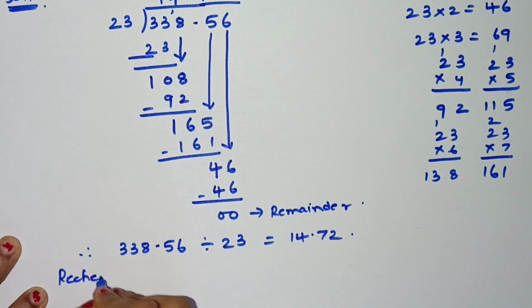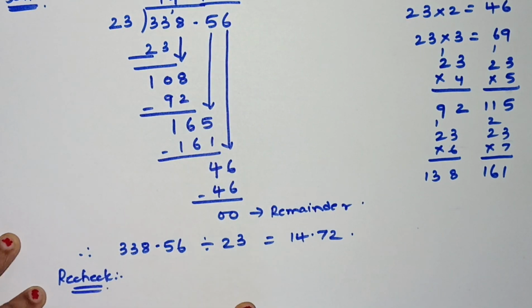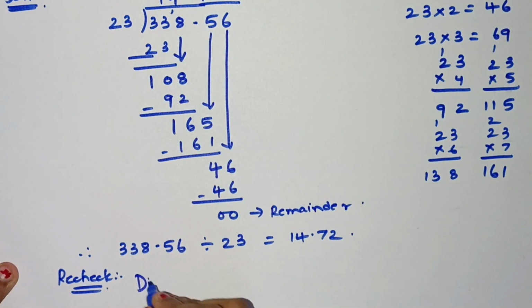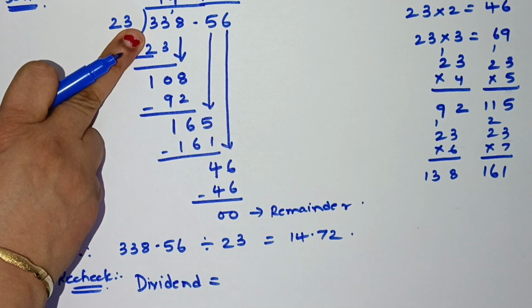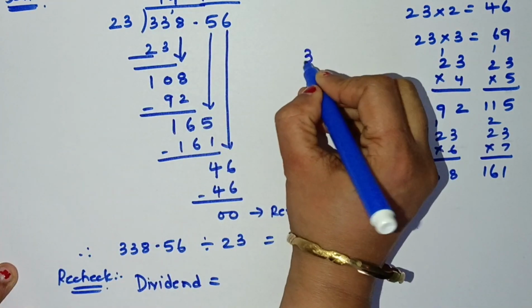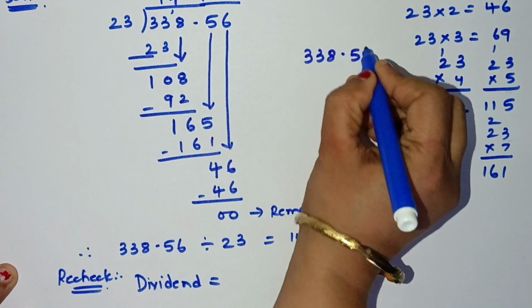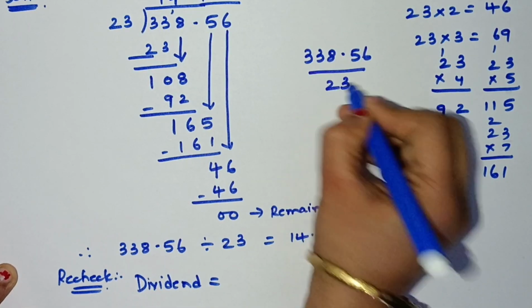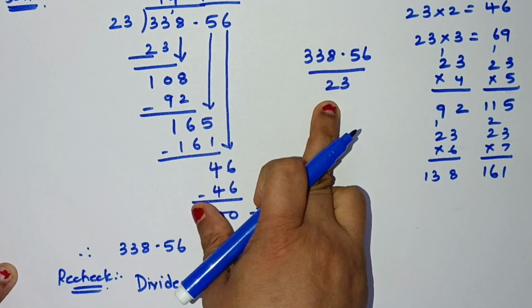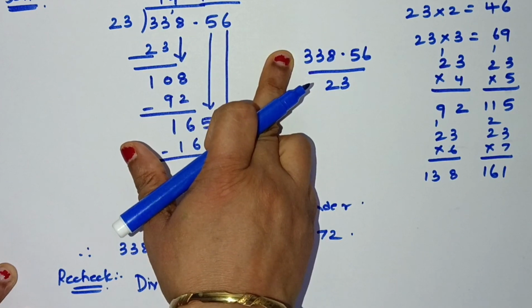If you want, you can recheck your answer. If time permits, you can recheck your answer also. What is the formula? Dividend. So what is the dividend over here? 338.56. Always remember, in 338.56 divided by 23, the whole number is the divisor and the decimal number is the dividend.